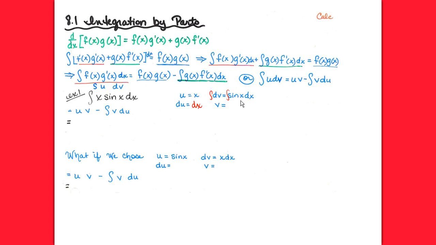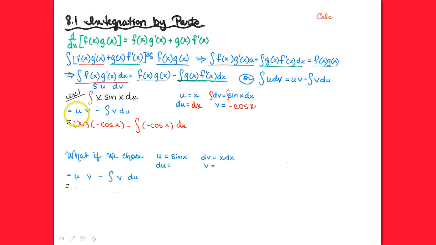When we integrate sine x dx, we'll end up with negative cosine x. So now we can use our formula. If u is equal to x and v is negative cosine x, then we can say u is x, v is negative cosine x, minus the integration of v, which is negative cosine x, and du was dx.